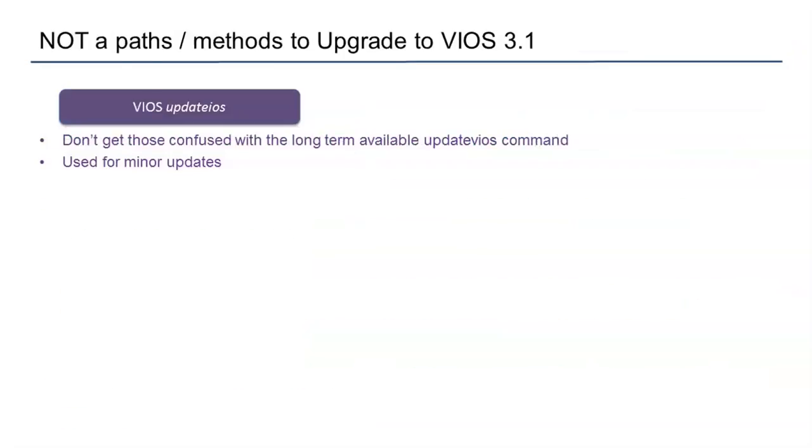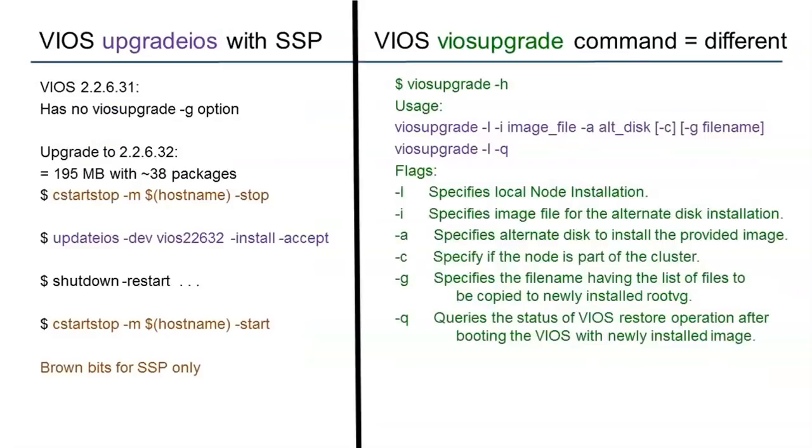So yeah, again, not to be confused with the updateios command. That was for the smaller updates that we use every year as we upgrade our virtual IO server. Right, this is just highlighting the fact this is the updateios command with -dev. For me, it's always a NIM directory.